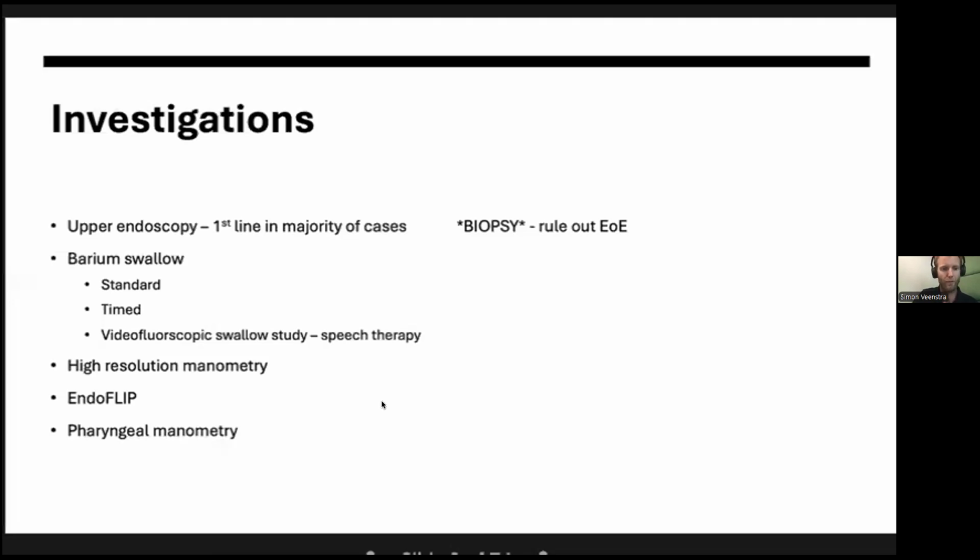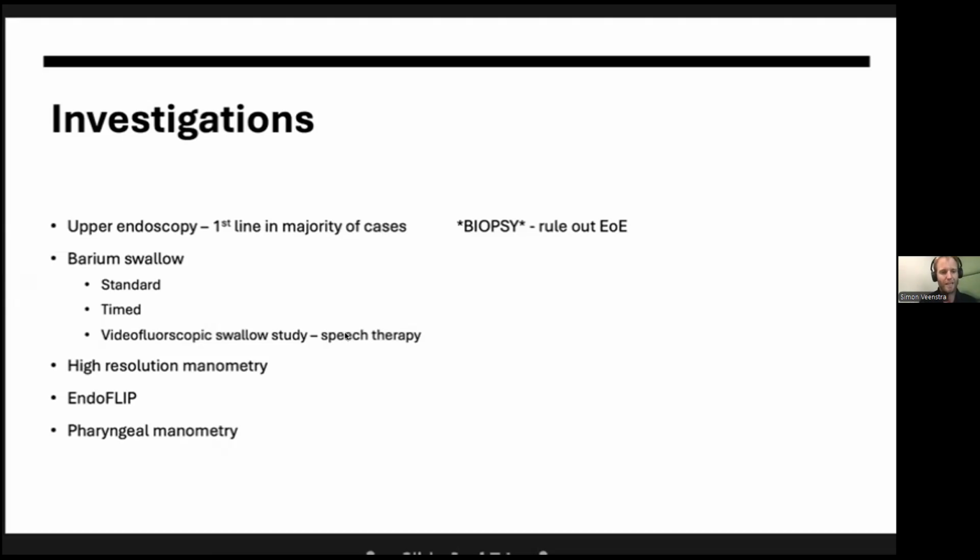And then your video fluoroscopic swallow study, which is done with the help of the speech therapist, is very useful, particularly when it comes to oropharyngeal dysphagia. The speech therapist obviously is one of the key members of the multidisciplinary team when it comes to managing these patients. So a very useful study there as well.